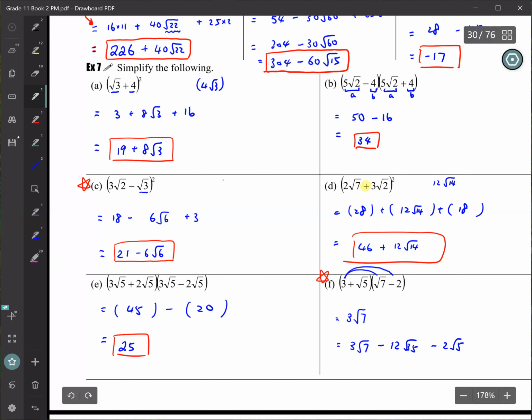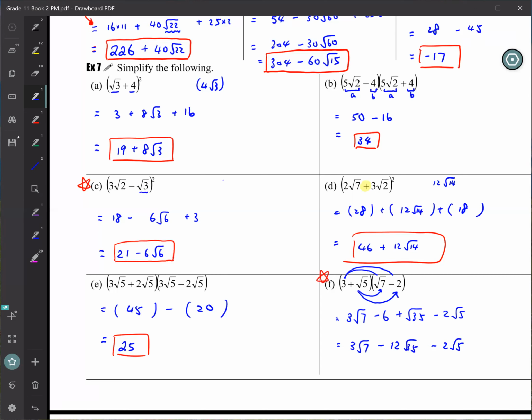Which is? What's that? -6. Yeah, go on. Negative 6. Then root 5 times root 7. What's that? Root 35. Yeah, plus root 35. Okay, and then? Root 5 times -2. So negative 2 root 5, right?